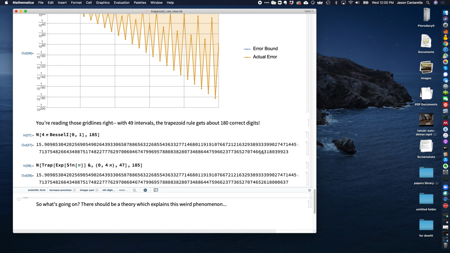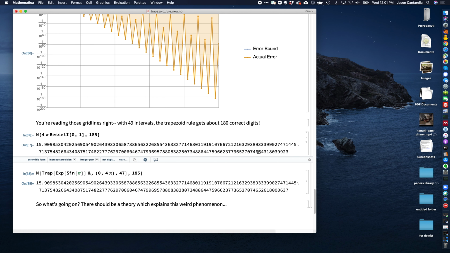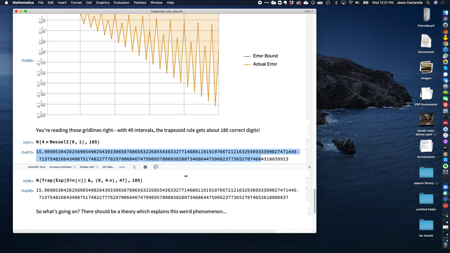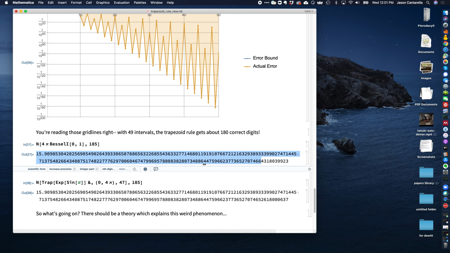It's 7466 in the right answer, 7465 in the trapezoid rule approximation. So we're getting an absolutely crazy amount of accuracy. Well, why? There should be some kind of theory which explains this, and we'll get to that in about a class and a half.